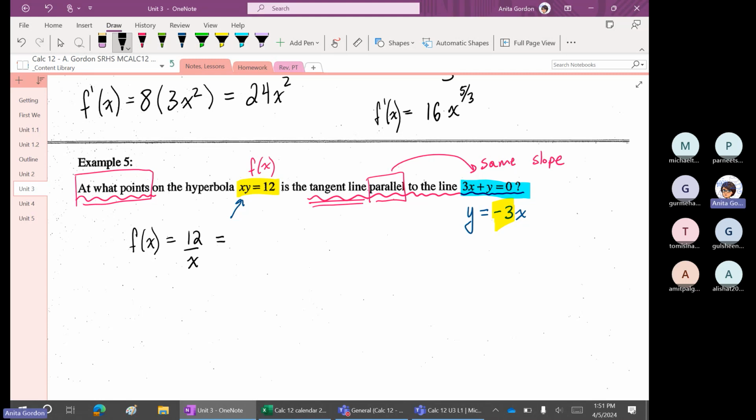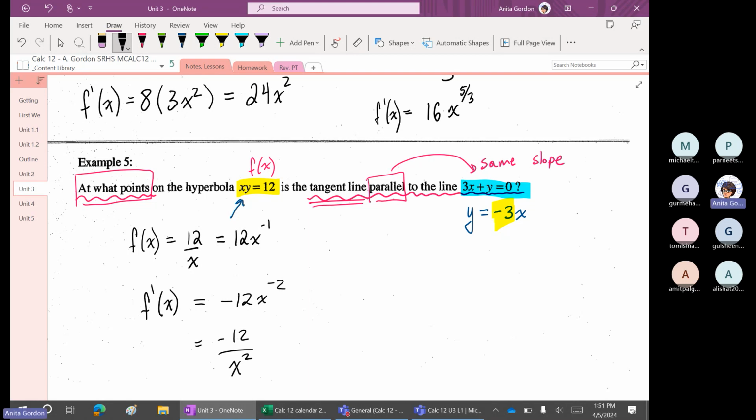I don't want denominators. 12x to the power -1. Okay, what is the derivative of this function? -12x to the power -2, or we can say -12 over x squared.